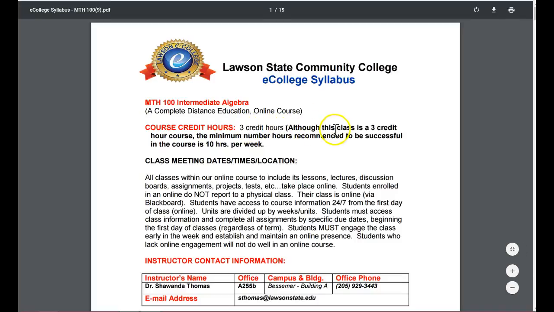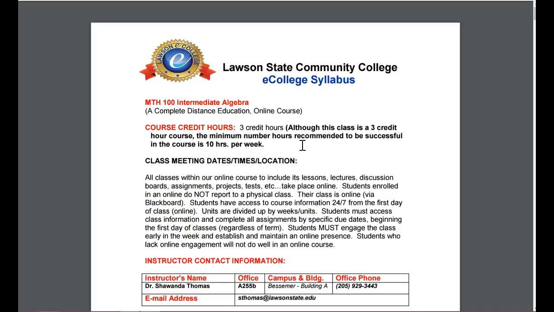This is a 3-credit-hour course. Although this class is a 3-credit-hour course, the minimum number of hours recommended to be successful in the course is 10 hours per week. This class takes a lot of time and a lot of dedication. So especially if you are someone who self-professes that you struggle in math, you will probably have to spend more than 10 hours per week.